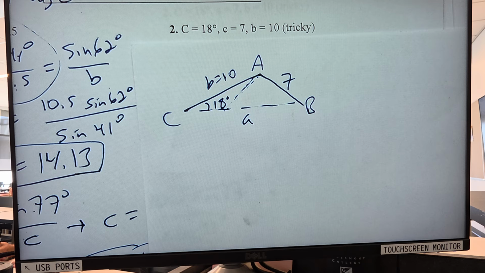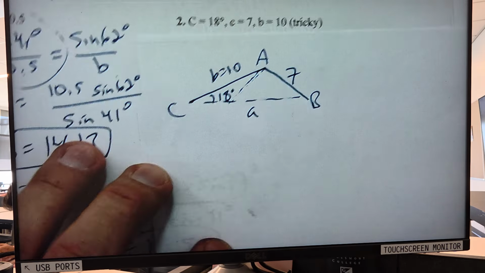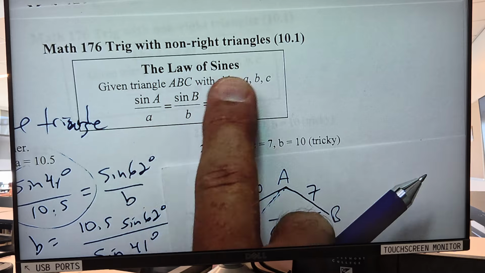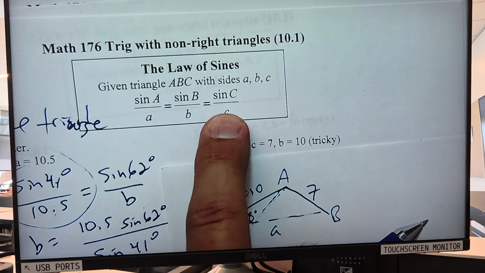Can I make a complete ratio? What do I mean when I say that? Do I have an angle and its side? Because then it would make a complete ratio in my law of sines. A complete ratio means an angle and its side. So we can do this one.